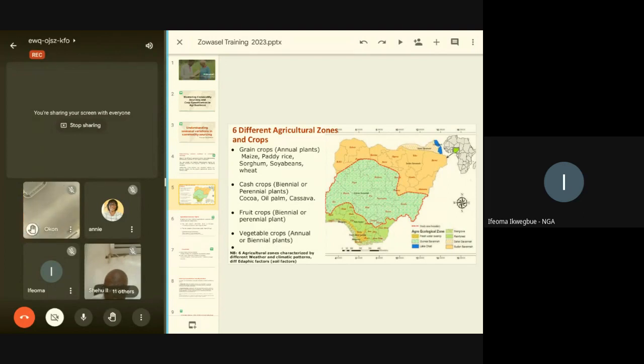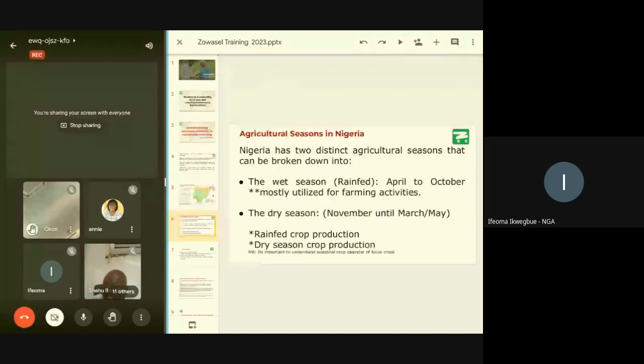These variations make it possible for some of the grain crops and some of the cash crops to thrive within those locations. Climatic and weather factors include rainfall, temperature, and relative humidity.